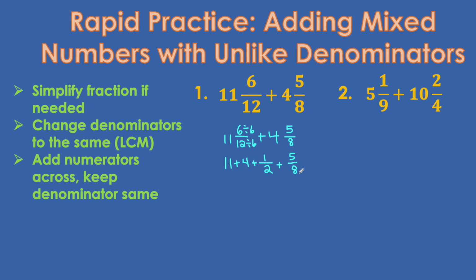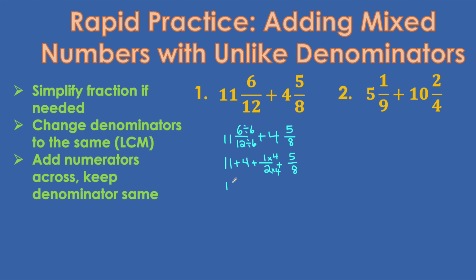After we've simplified, find the least common multiple between 2 and 8, which is going to be this 8, because you can multiply 2 by 4 to get that 8. So multiply the denominator by 4 and the numerator by 4.